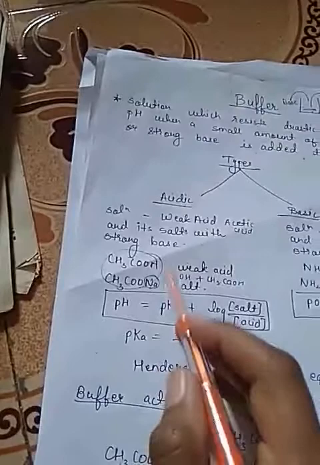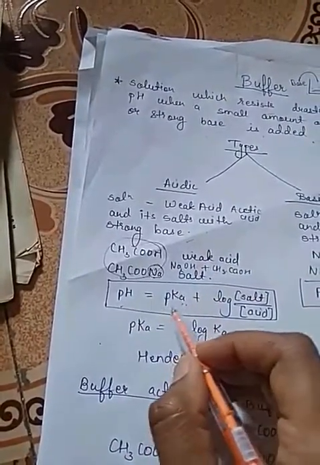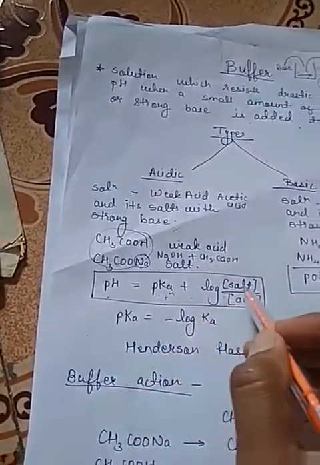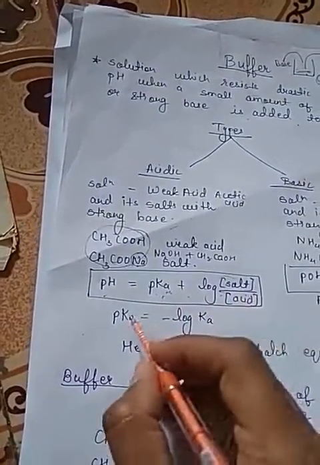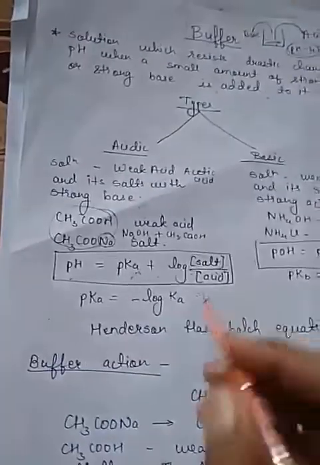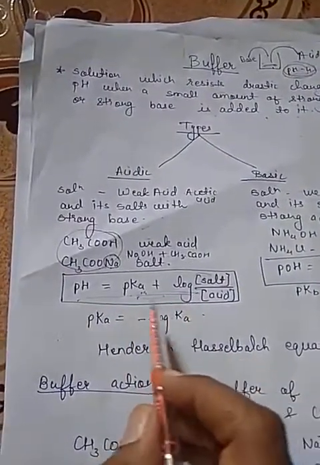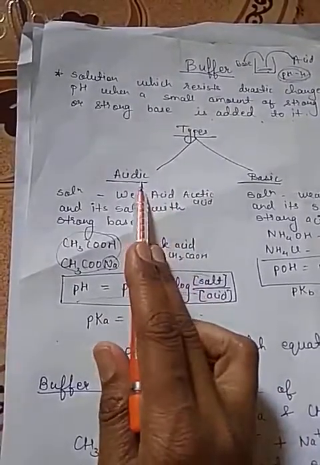Now the pH of this is given by pKa, the equilibrium constant of the weak acid, plus log of concentration of salt upon concentration of acid. pKa is always equal to minus log Ka. Remember this equation. This is not for derivation, this is just to know the equation for acidic buffer.